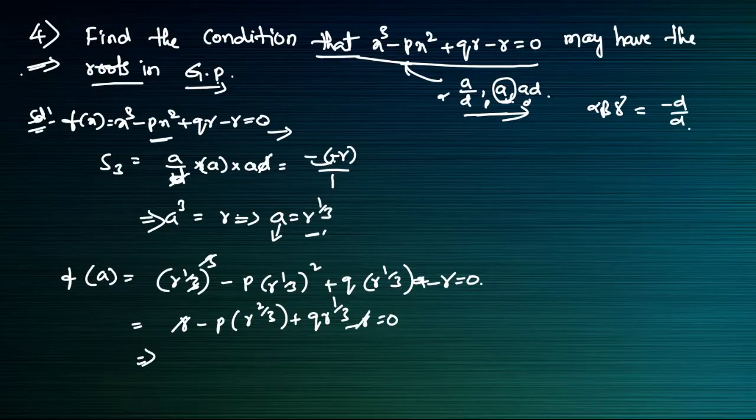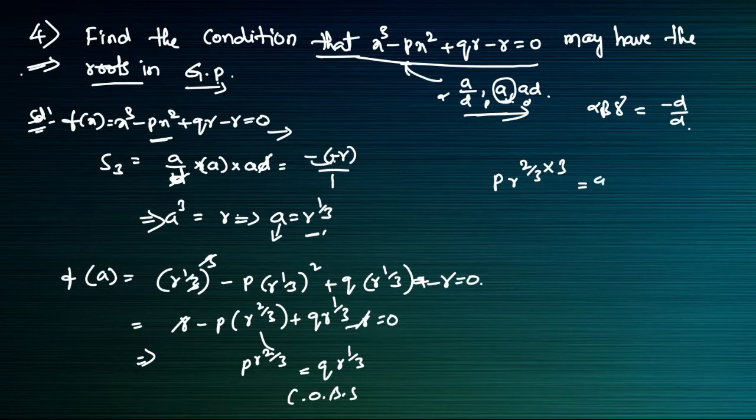So from this, p r power of 2 by 3 is equal to q r power of 1 by 3 will come. If we cube both sides, it will become p r power of 2 by 3 into 3 is equal to q into r power of 1 by 3 into 3.